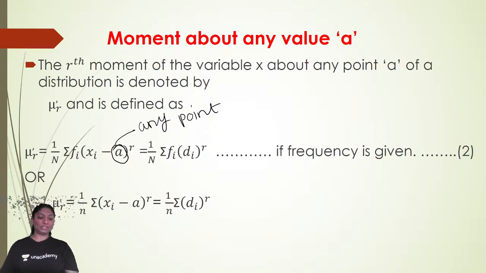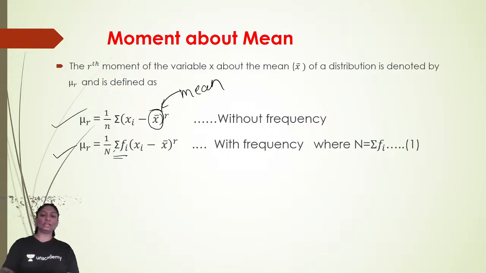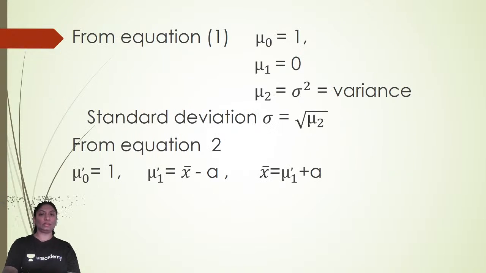So mu r dash is equal to 1 upon n into summation of xi minus a bracket raised to r, if the frequency is not given. If the frequency is not given, then we can find out the moment about any point a using this formula. Mu 0 is equal to 1 upon n times n, so mu 0 is equal to 1.